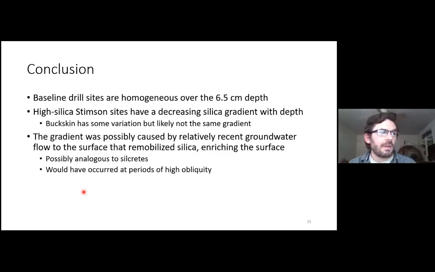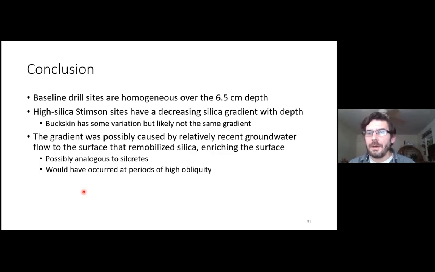This gradient could have been caused by relatively recent groundwater flow from on top of Mount Sharp that flowed down and came up to the surface. It would have remobilized some silica and enriched the very top bit of the surface in silica. This might be somewhat analogous to terrestrial silcretes.